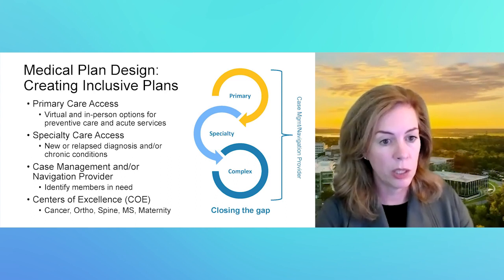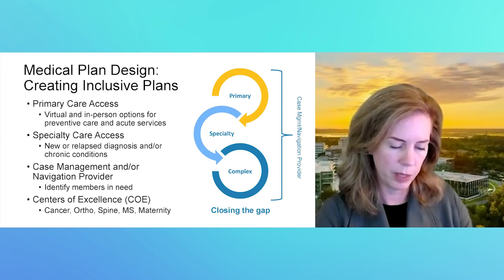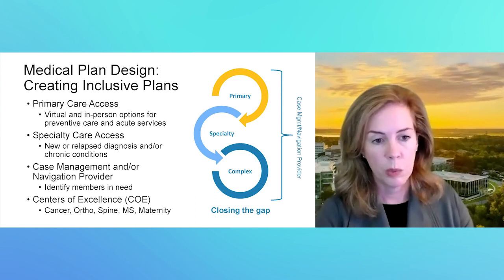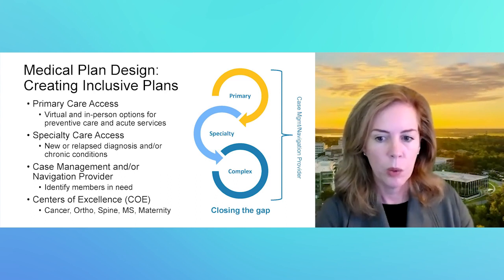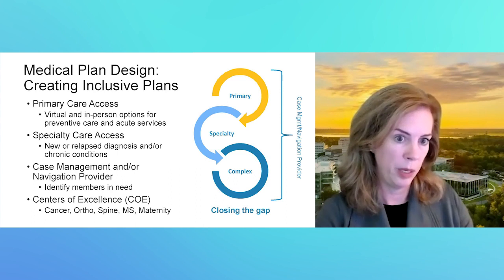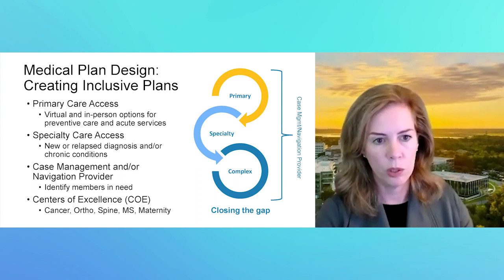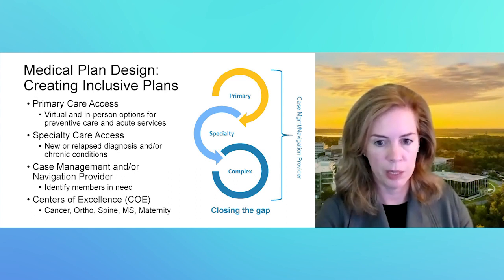Then lastly is centers of excellence. I've listed a couple of options here. So with centers of excellence, yes, Mayo Clinic is one of the largest centers of excellence providers in the United States, but we're not just talking about the ones that are within your payer for transplant and where they're directing them. We're talking about another level to direct those complex conditions, right?